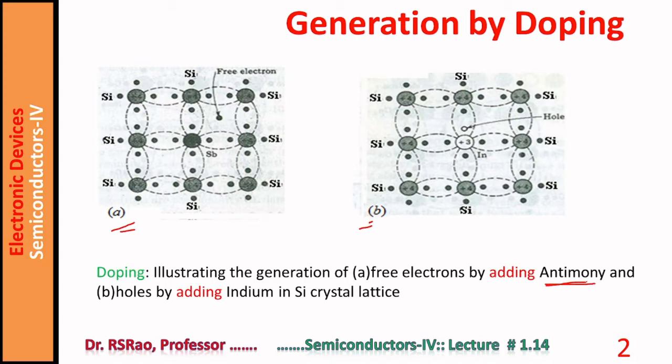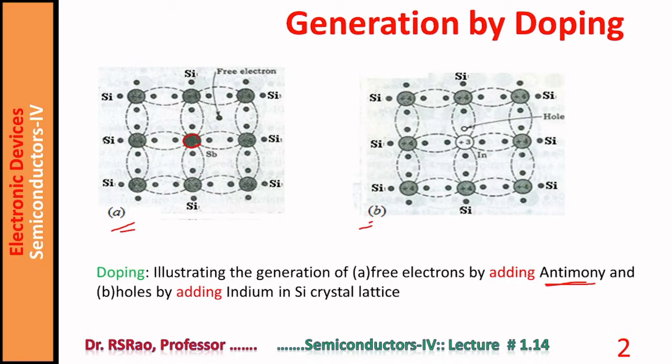It has 5 electrons in its outer orbits. When antimony is added to silicon, some of the silicon atoms get displaced by antimony atoms. Here is shown one such antimony atom.